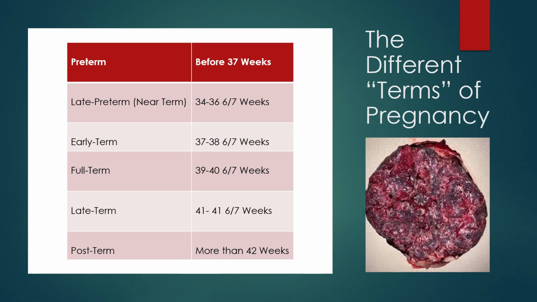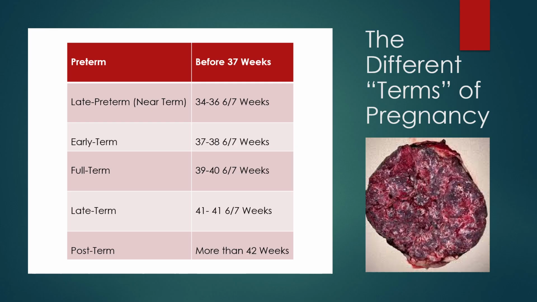So we have anything before 37 weeks is generally called preterm, but preterm is defined even more narrowly, because some babies that you will take care of in a normal postpartum unit may be late preterm because they're near term and their lungs are developed and they're functioning well, but maybe they're having some feeding issues, but they're able to handle that in a normal postpartum.